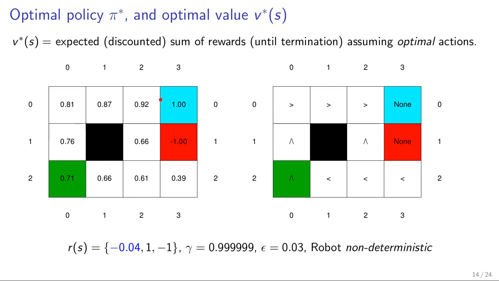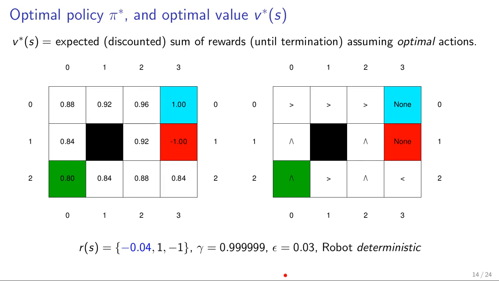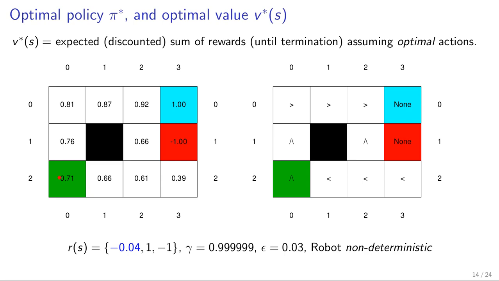The effect here is smaller because you have only one step until the exit, where the non-determinism plays against you. But here, you have 1, 2, 3, 4, 5 times you have to roll the dice and see if the agent obeys what you commanded it to do. That's why going back here it was, let's say, 0.8, and here it's 0.71, because you accumulated more penalties by being unfortunate.